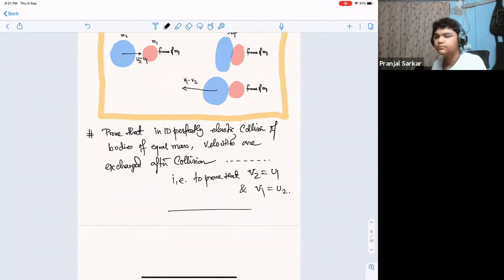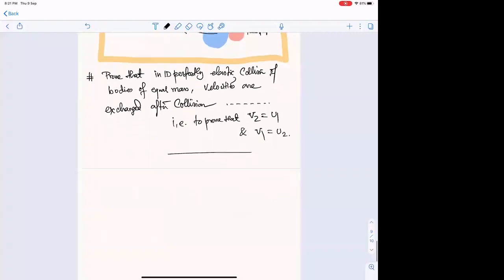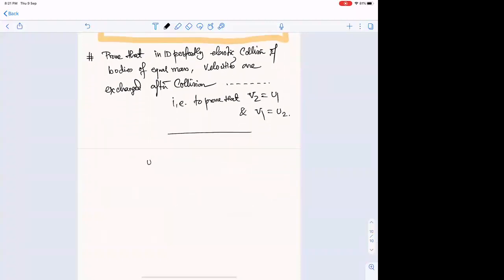দ্যাটস ইজি আছে এটা। So just put m1 equal to m2, then you have momentum conservation of u1 plus u2 equal to v1 plus v2, and then you know v2 minus v1 is equal to u1 minus u2.